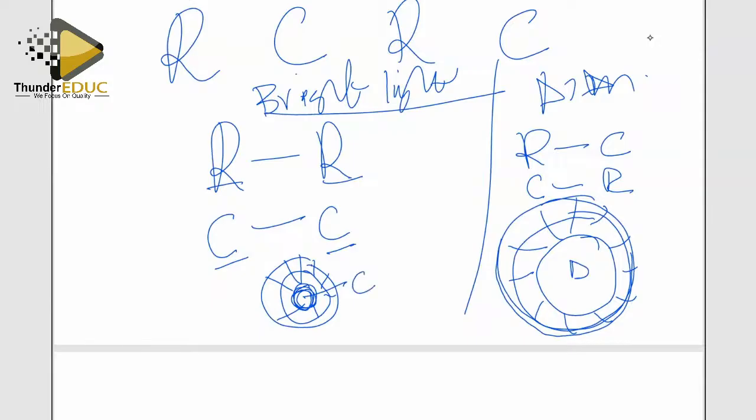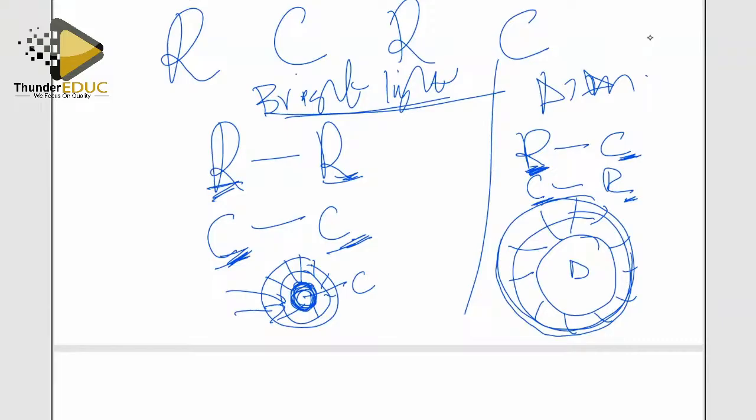So since I know that, I will go back and write. During bright light, radial muscles relax while circular muscles contract. The diameter of the pupil will constrict, meaning that less light will enter the eye. While in dim light, the radial muscles will contract while the circular muscles will relax.